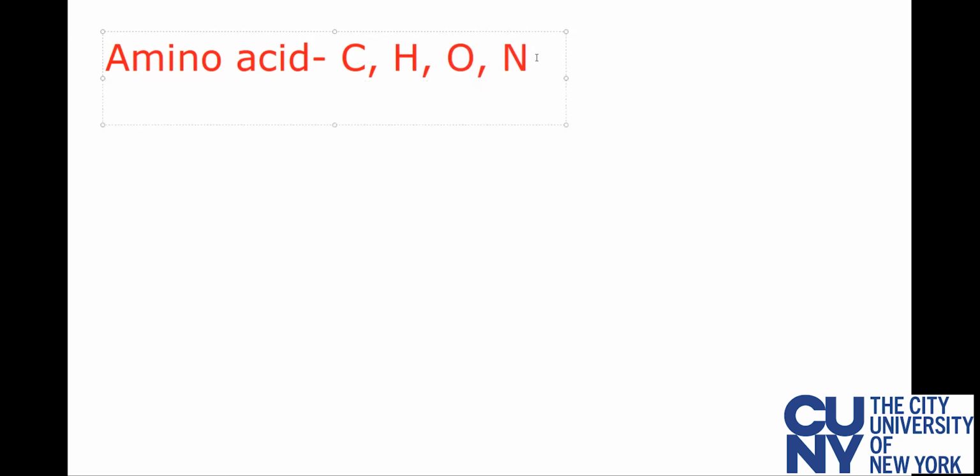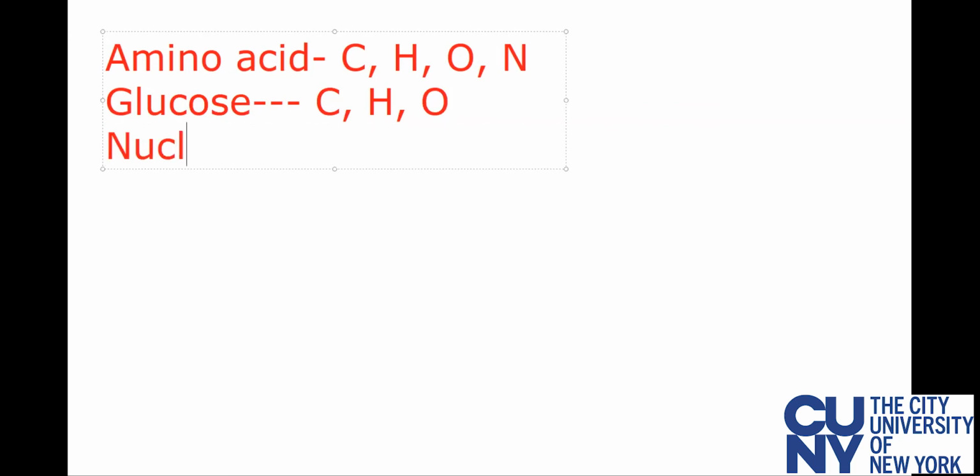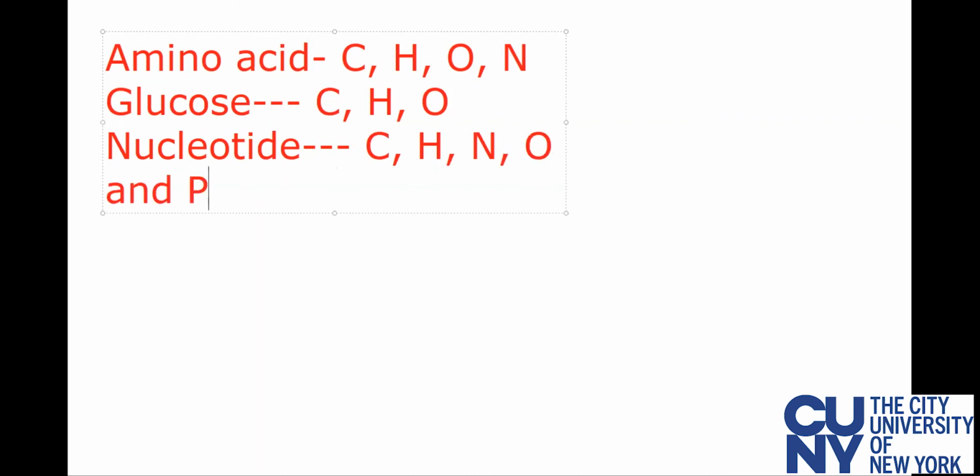If you look at glucose, glucose has carbon, hydrogen, and oxygen, 3 different types of atoms. Now, a nucleotide will have carbon, hydrogen, nitrogen, oxygen, and phosphorus.